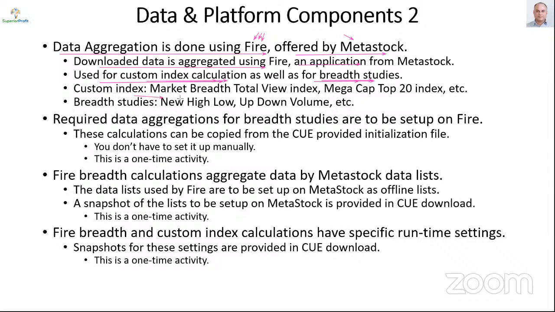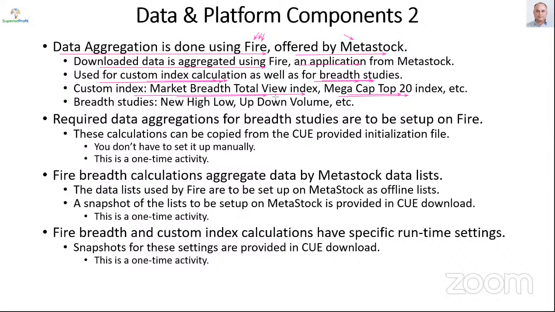One example of custom index is market breadth total view index. That's a custom index. Mega cap top 20 is also a custom index. So mega cap top 20 is a custom index created from the 20 biggest mega cap stocks. It can be for USA market, it can be for India market, but mega cap top 20 is the top 20 mega cap stocks, custom index from that.